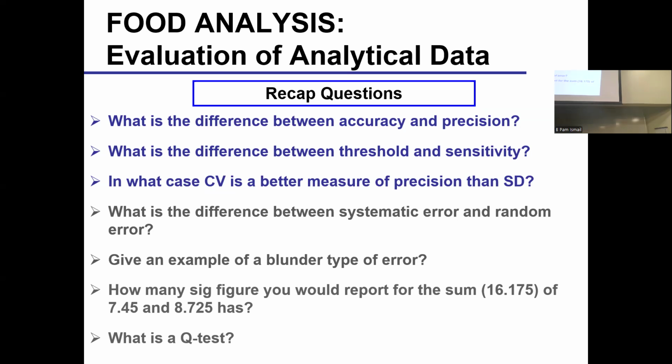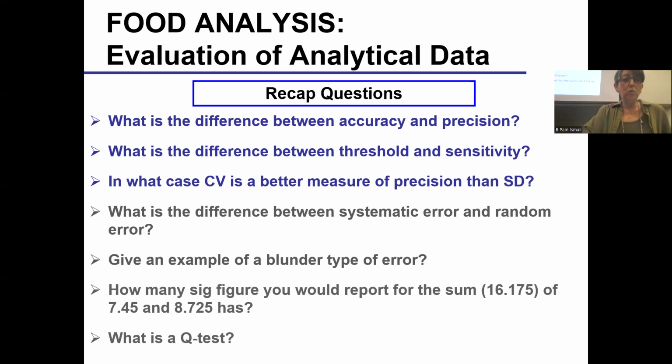Is it 0.1 milligram? If a sample is different from another by 0.1 milligram, will that method detect that small of a difference? Or does it have to be 10 milligrams difference for it to detect that difference? Okay, so that's sensitivity. It's different than threshold.